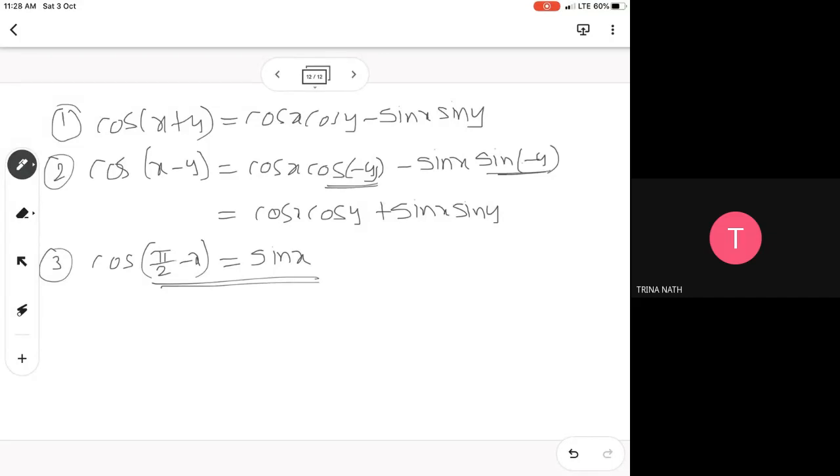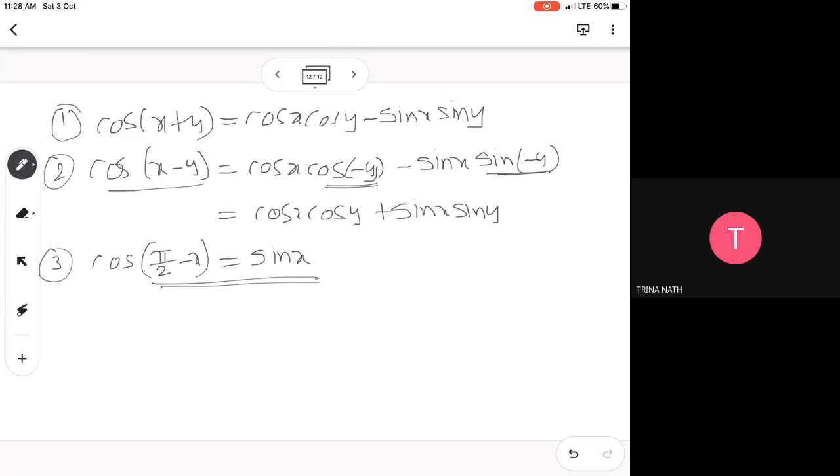Do you remember? Whenever you are having 90 and 270, it is going to change sine to cos, cos to sine, tan to cot, cot to tan, secant to cosec, cosec to secant. Isn't it? So you can prove this with the help of it.